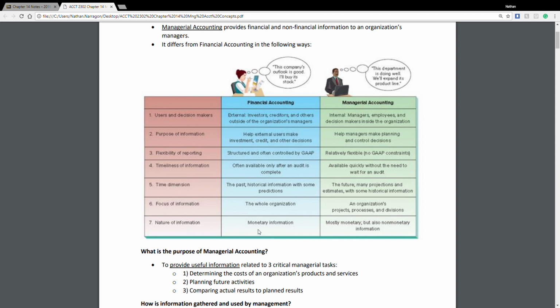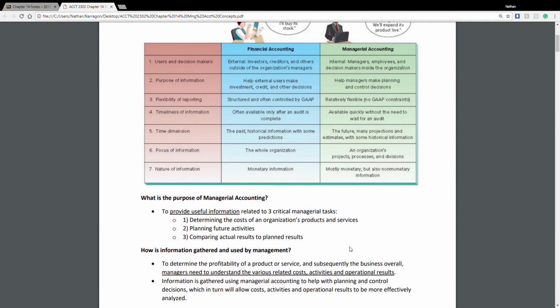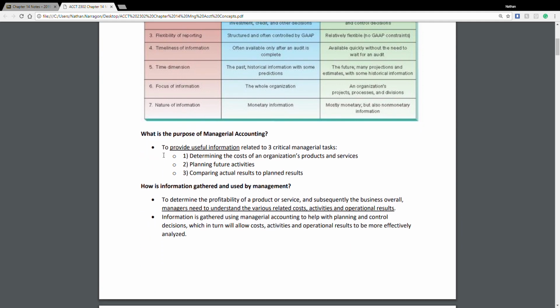While financial information is monetary, in the financial statements, this is mostly monetary, but we do have a lot of non-monetary information, basically explaining what's going on. So this is a cool graphic, and I will definitely go through it.